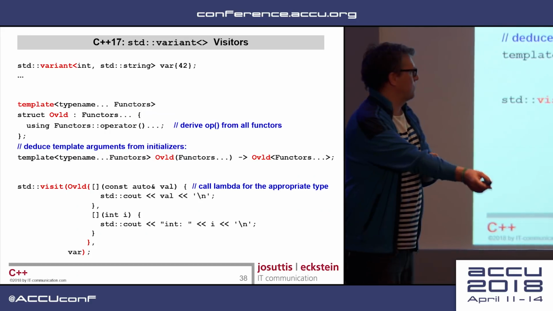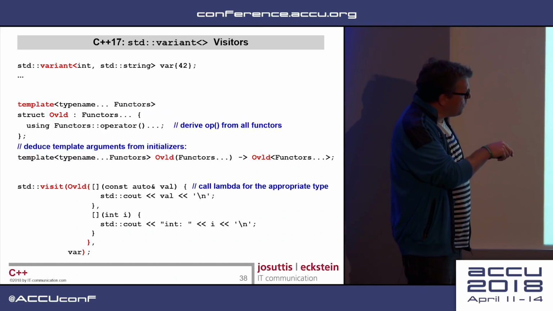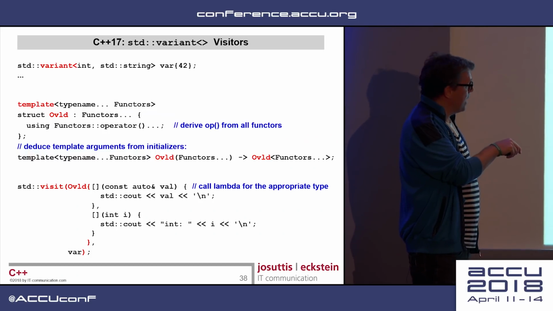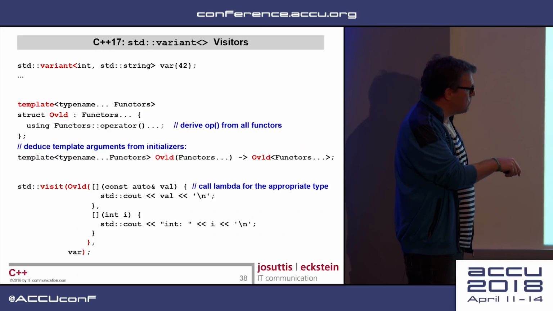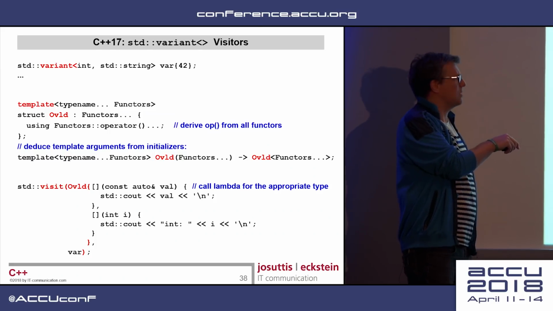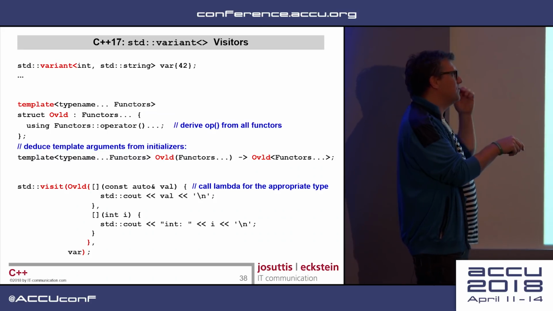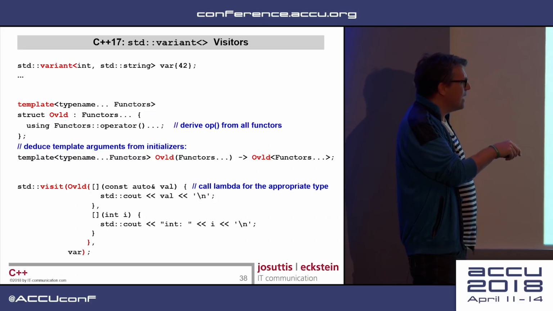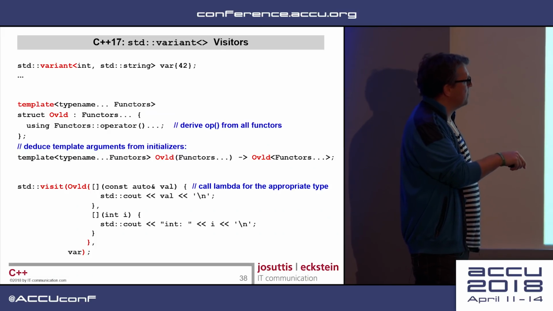In other words, what this overload is doing, it's initializing an object of a class template, a struct template, I should say, or template struct. We pass as initialization two function objects.